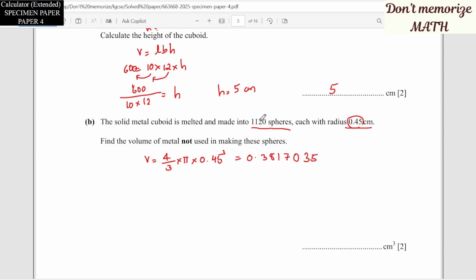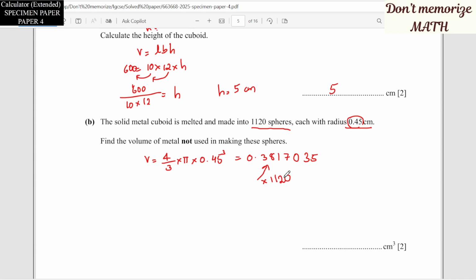Okay, so we need to find the total volume of 1120 sphere. Okay, so what you have to do? You need to multiply this number by 1120. Okay, so just use your calculator and multiply. Just press multiply, so you will get answer multiplied by. Okay, we already have the final answer like 0.38170, that number.